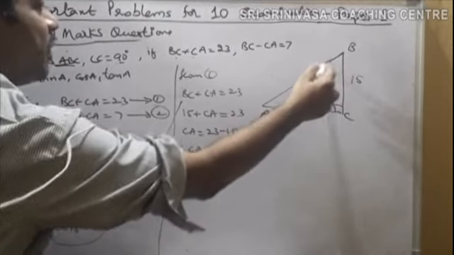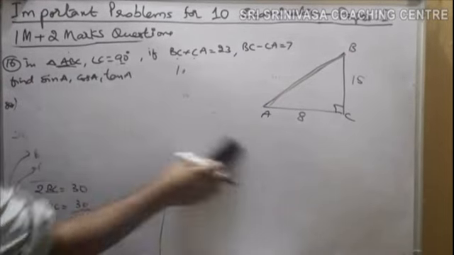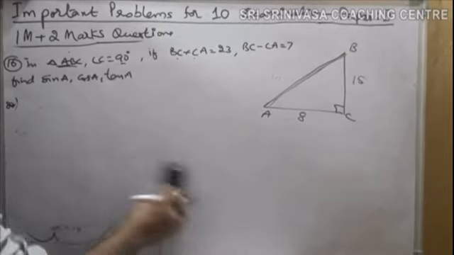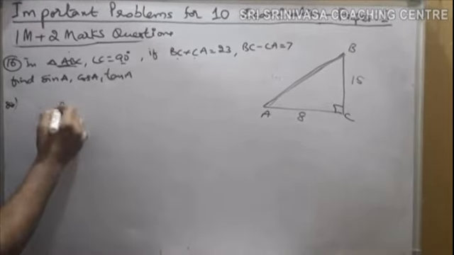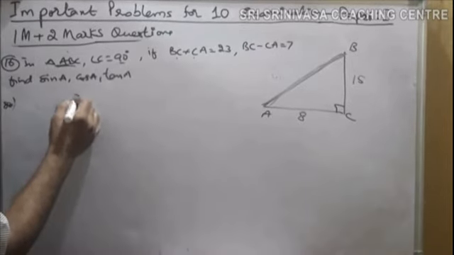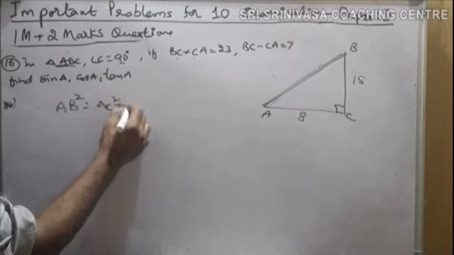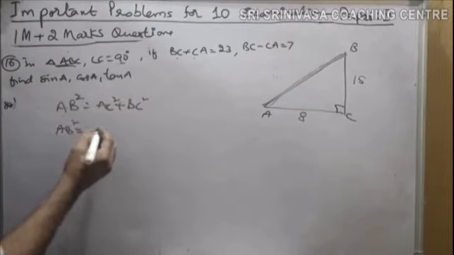Now here we need to find the third side. So we use Pythagoras theorem to find the third side. According to the Pythagoras theorem, here the hypotenuse is AB. So AB square equal to AC square plus BC square. AB we don't know, let me take AB as it is.